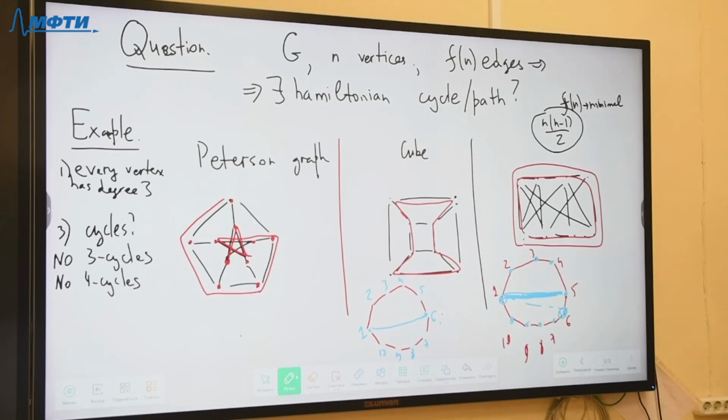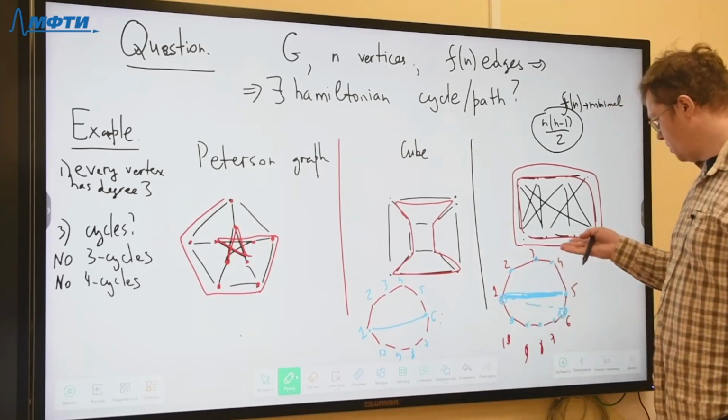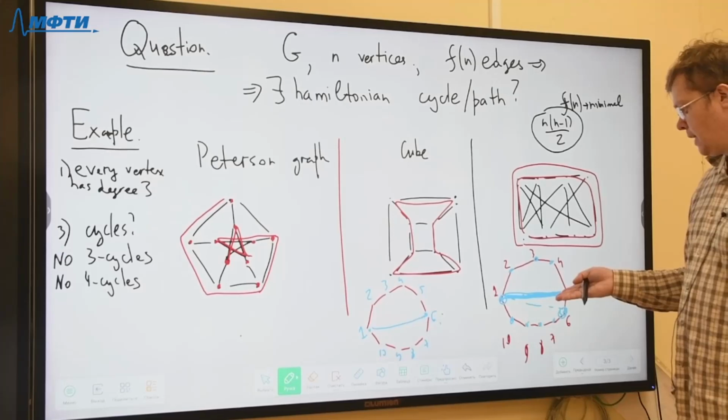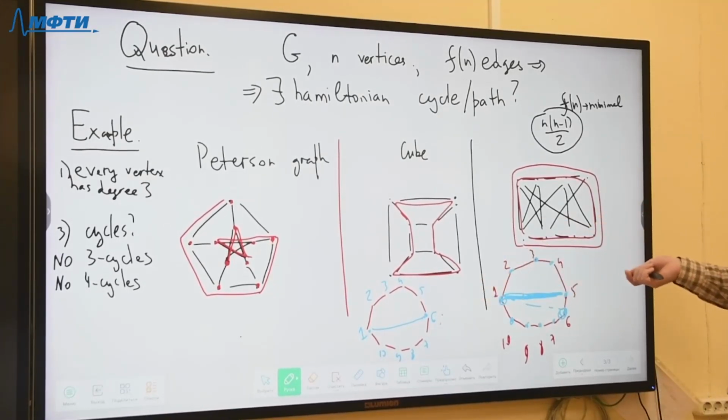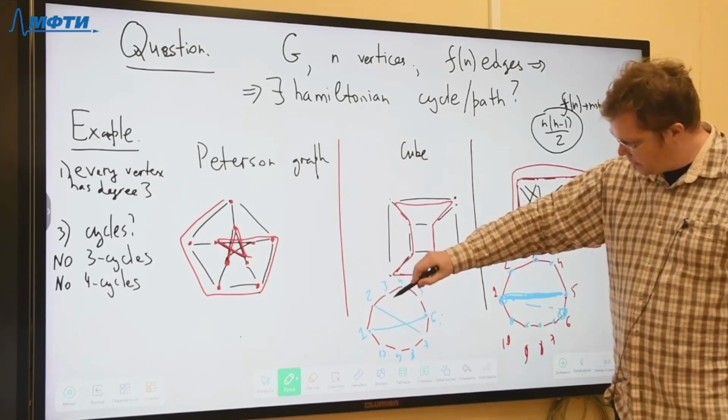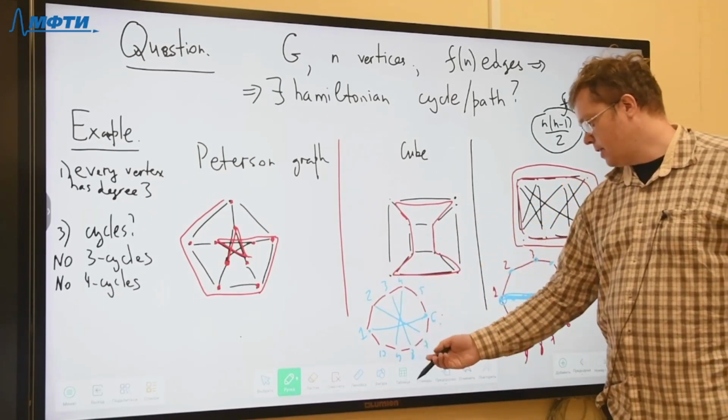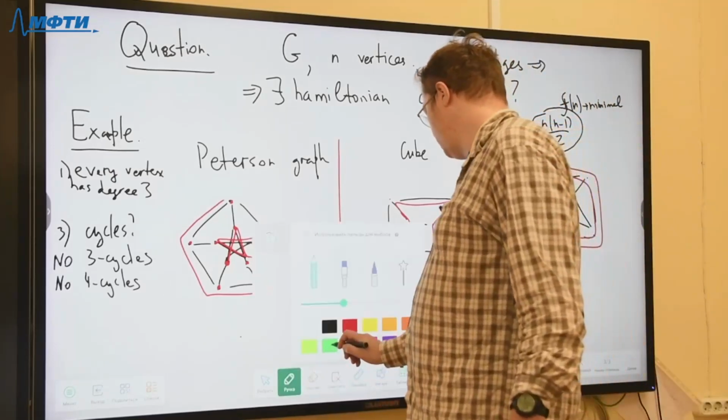So if I can use the previous case, then it's easy to see that the only option I have is that the vertex is connected to the opposite vertex. And this must hold for every one of these vertices, but if it happens, then I will have a cycle of length 4 here.